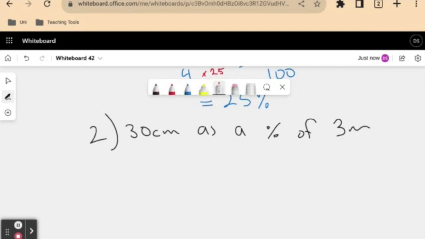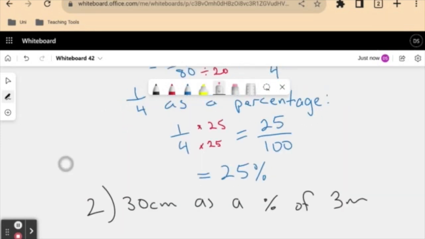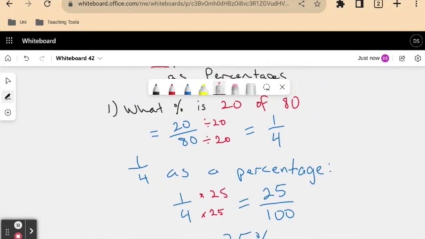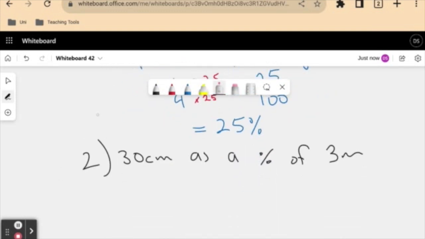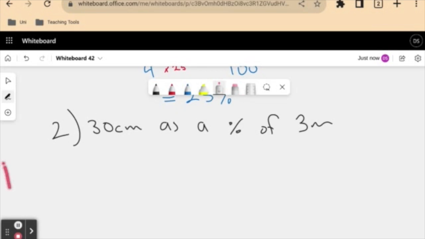Well, I have 30 here and I have 3 here. In the last question, all I did was write the first quantity as a fraction of the other one. So I'm going to write, all right, this is 30 as a fraction of 3.